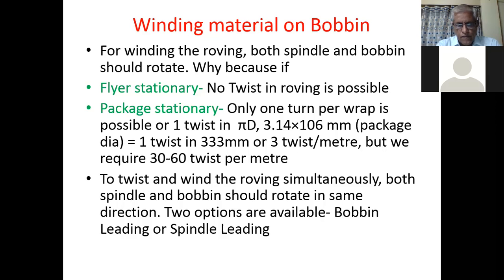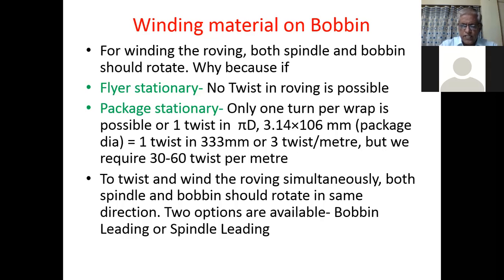Then if the package is stationary, the simplex will run, but in that case, only one turn per wrap will be possible. Actually, we require sufficient twist or protective twist to be inserted, and it generally comes out to be 1 TPI. 1 TPI means approximately 40 twists per meter are required.